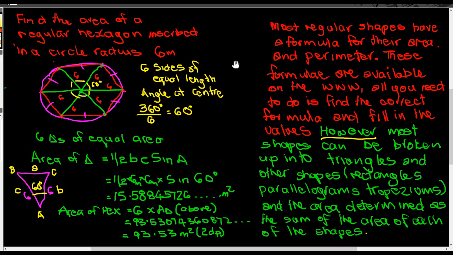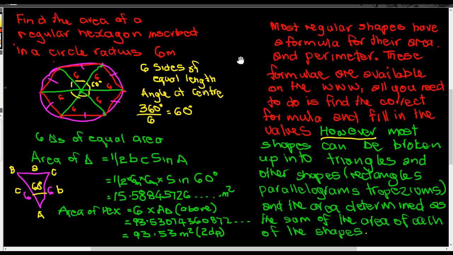Now, the formulas for these shapes are available on the World Wide Web, and all you need to do is find the correct formula and then fill in the values. And so if you want to find out the area of an 86-sided figure, I'm sure you could find a formula for that.